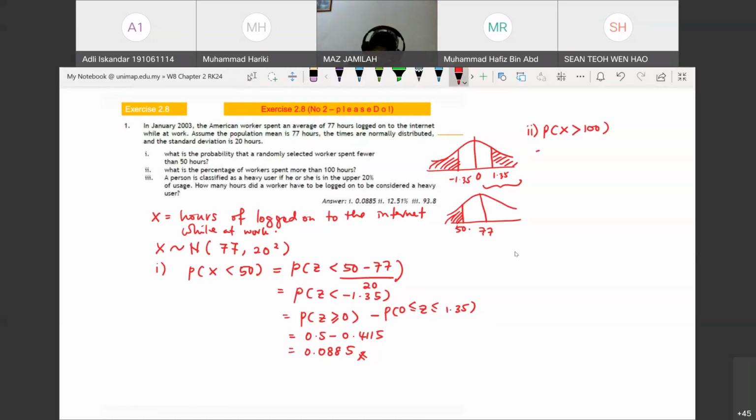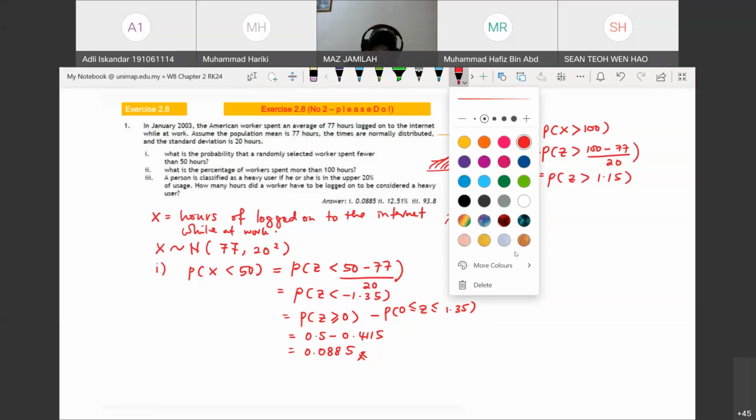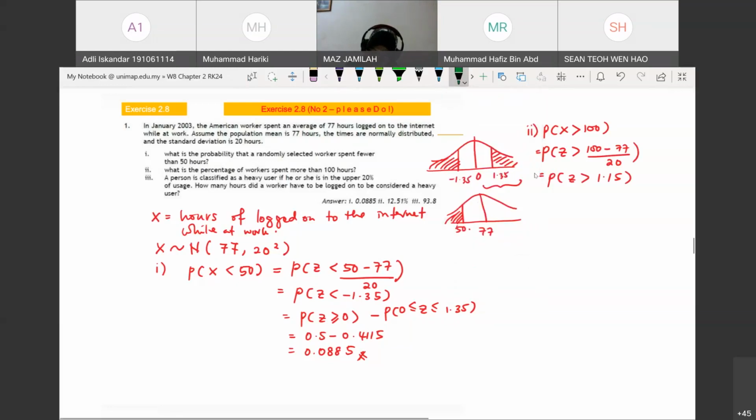Transform it, and it becomes P(Z greater than (100 minus 77) divided by 20). So you will get P(Z greater than 1.15). Positive 1.15 is somewhere over here, and we want greater than 1.15, somewhere here.